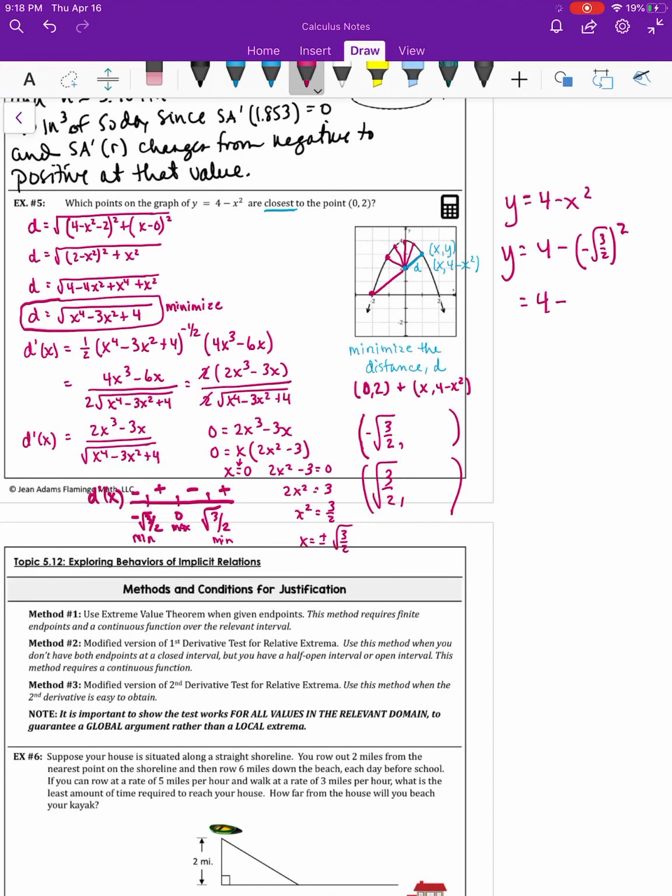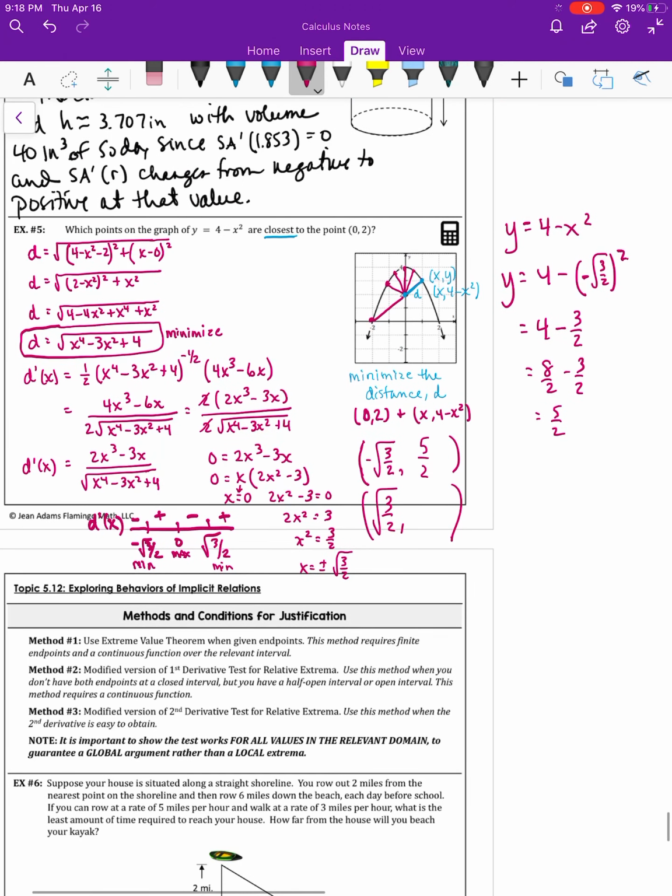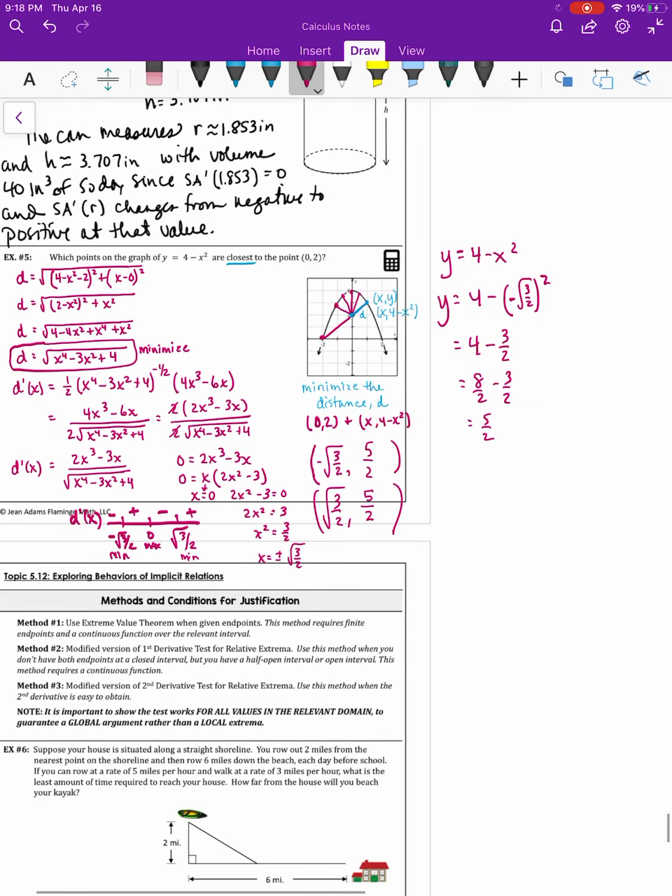So I'm going to go back to my original, y equals 4 minus x squared, and put in my negative square root of 3/2 squared, and I get 4 minus, I square the negative, I get positive. I square the square root of 3/2, I get 3/2. So this is going to be 8/2 minus 3/2, which is 5/2.